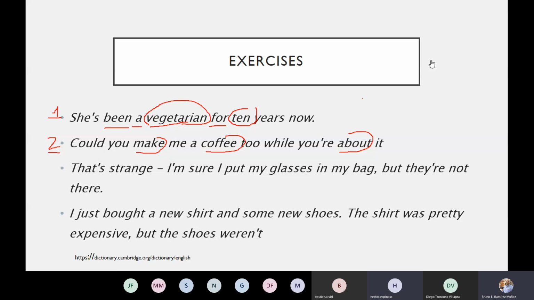All right. In the first part, can you read the first part? That's strange. Exactly, that's strange. We have 2 options whenever we think about the first word. We have the demonstrative adjective or pronoun.